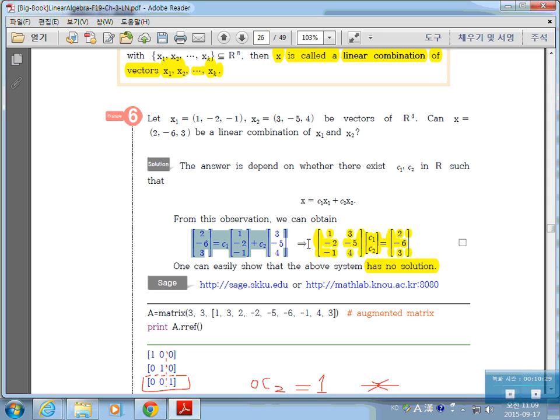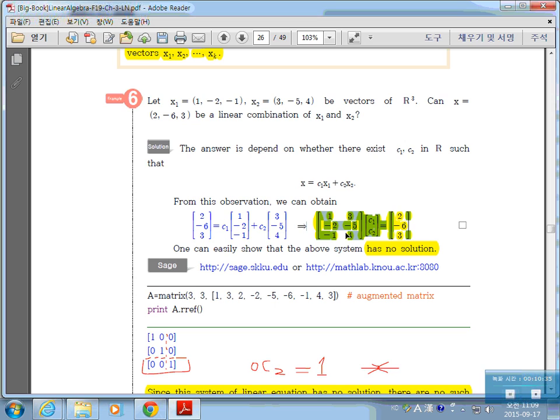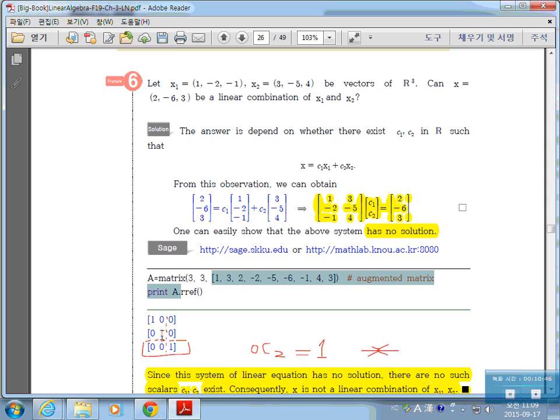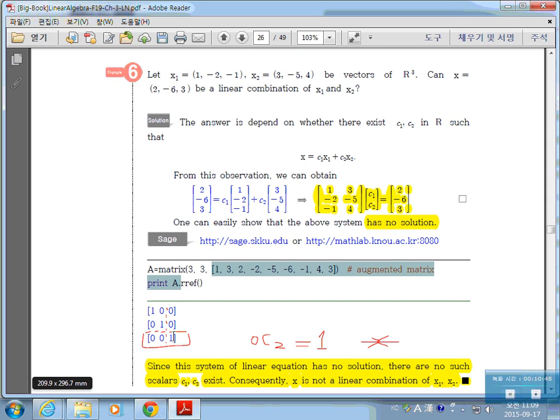What this means is solving a linear system of equations. Okay, then how are we going to solve? You can easily do it using the RREF of this augmented matrix, which looks like this.